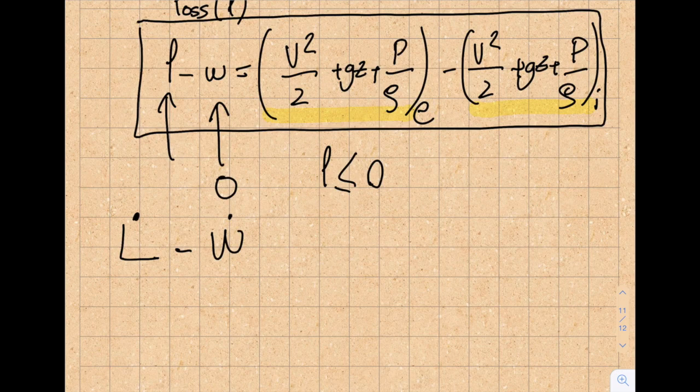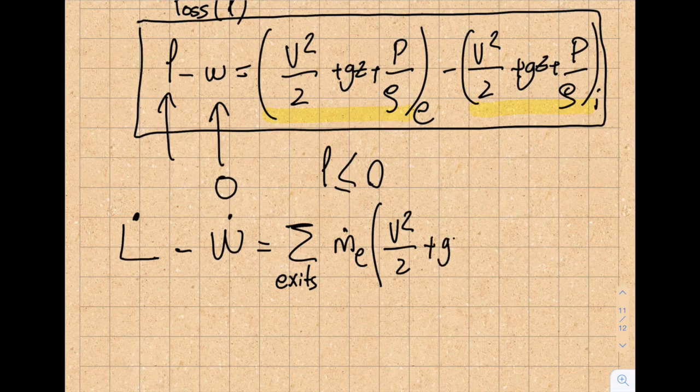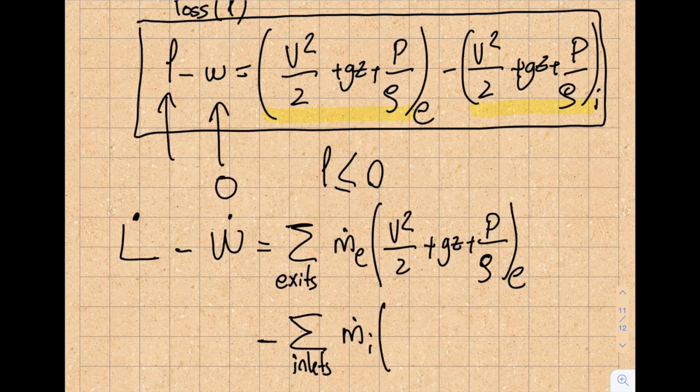I'll explain the differences momentarily. It will be the summation over the exits of m dot exit times V squared over 2 plus gz plus P over rho at the exit, minus, over the inlets, m dot inlet times V squared over 2 plus gz plus P over rho at the inlet.